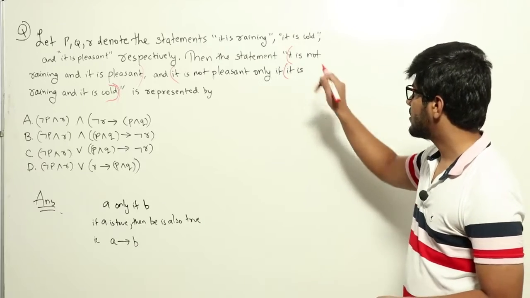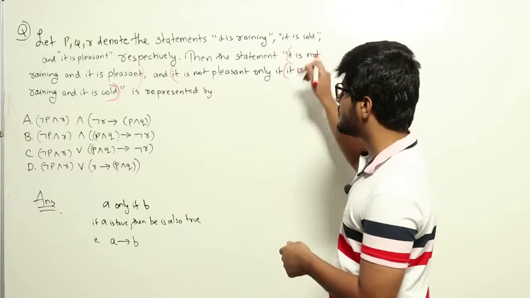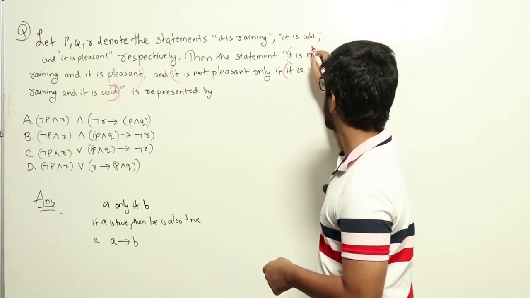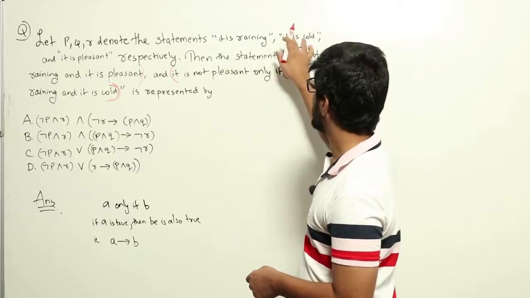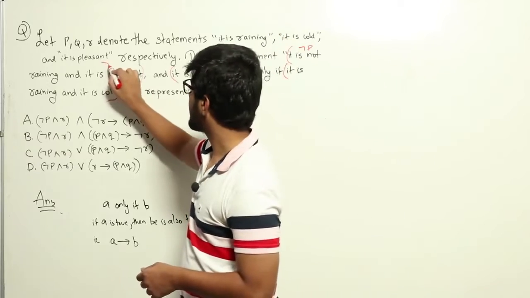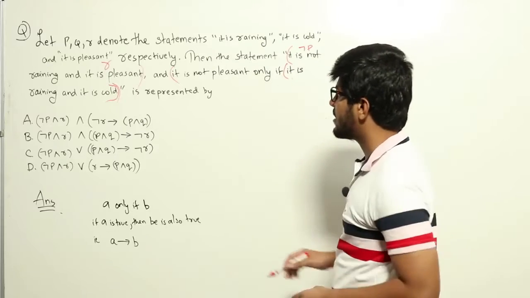Now we will look at how to assign the variables here. It is not raining, that is negation of P. It is pleasant is R, and it is not pleasant only if it is raining and it is cold.